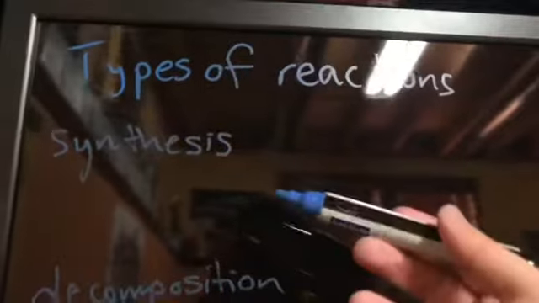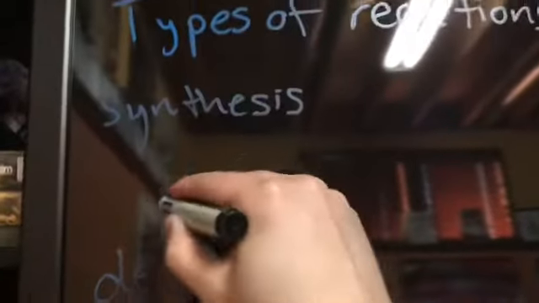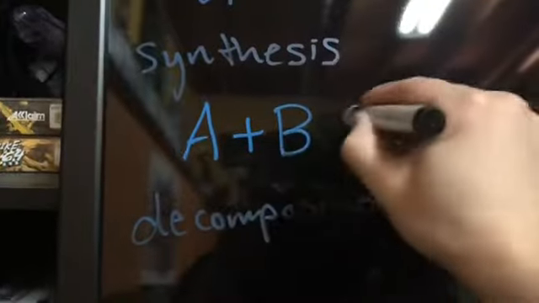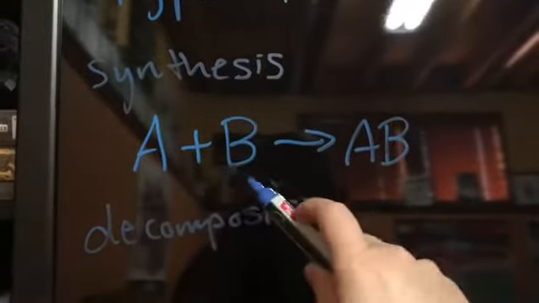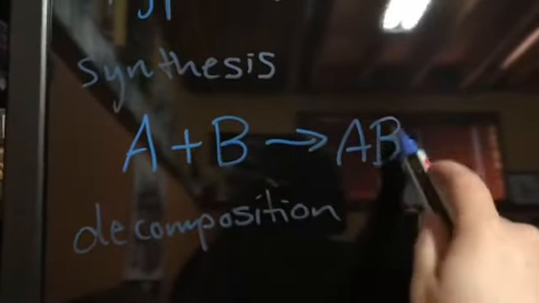We're going to start with the synthesis, which is the first one that I mentioned. It has the general form of A plus B make AB. So we have a single element plus another single element just combined together to make one compound.